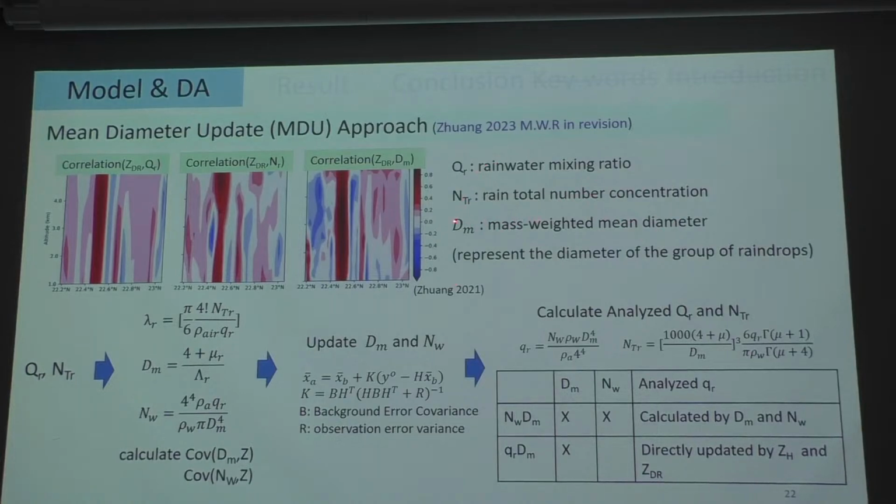But these two variables do not directly represent size. So our new approach combines these two to obtain the mean diameter, which can directly link to what the radar observes in ZDR, telling you whether the size is big or small. Our new algorithm first converts the two variables to a mean diameter, and then uses that to assimilate the ZDR observations from radar.